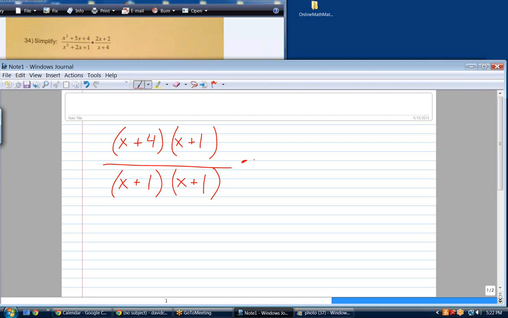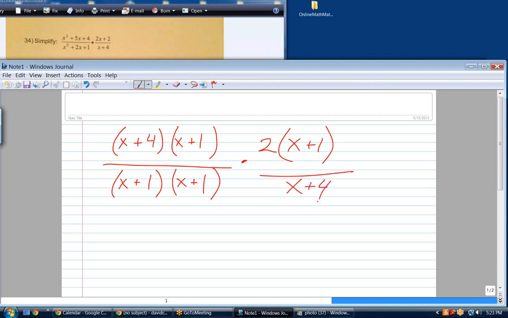And then the term over here, factor the numerator here. It would just be x in the parentheses. Oh, x plus 1. All we're doing is factoring a 2 out. Okay, and this x plus 4 can't be factored, so we leave it the same.